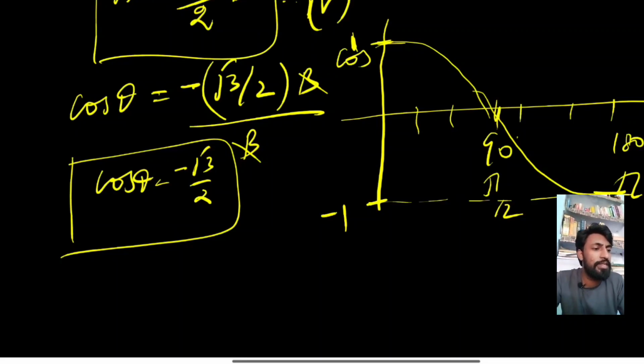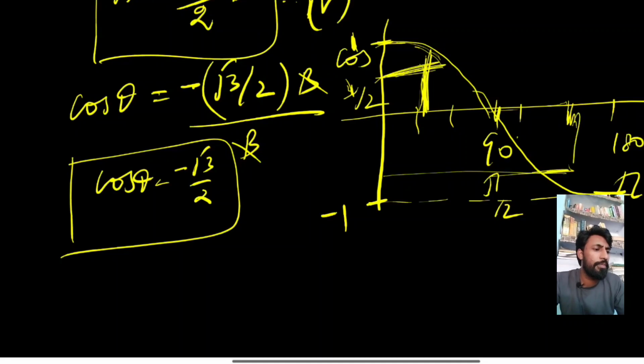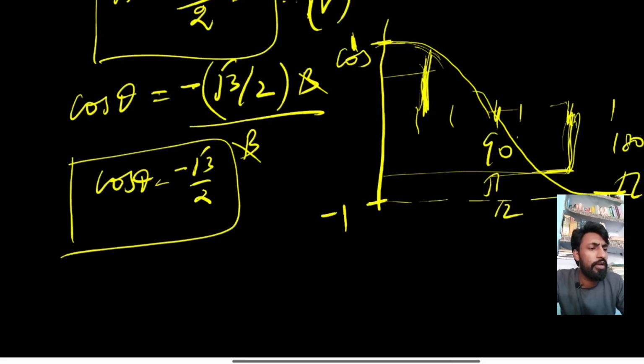So at cos 30, we get 1 by 2, right? Sorry, I'm sorry, cos 30 will be root 3 by 2.